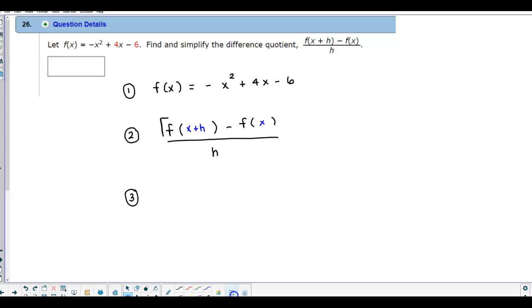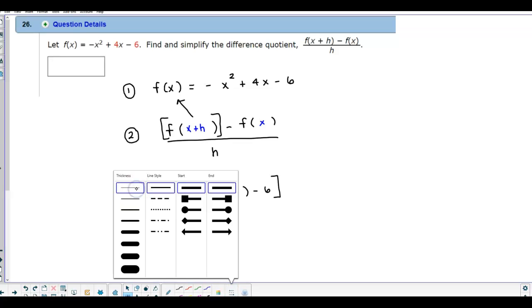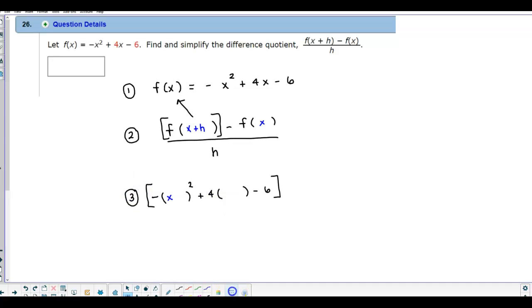The first part of our numerator I'm going to put in brackets. This x plus h is going to be the input for this function. So we have negative the input squared plus 4 times the input minus 6. Again, the input of the first part is x plus h.